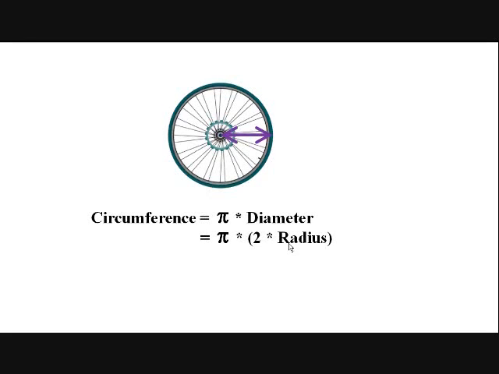So actually we're done at this point, right? Because we're saying that the circumference is equal to pi times 2 times the radius. But this isn't usually the way people express it. It's just tradition, I guess. The way it's usually written is that the circumference is equal to 2 pi r. And you can see where each one of these pieces comes from, right? The 2 comes over here.